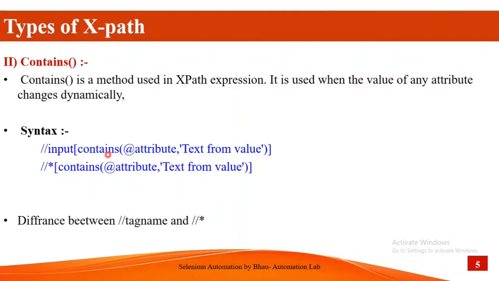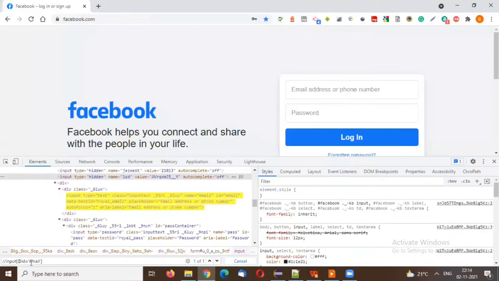So how do we create a contains type of XPath? The syntax is: input, contains, @ attribute, comma, the text or value from that attribute, or any text from that value. Here we defined a simple ID equal to email, but what if this email ID changes dynamically?